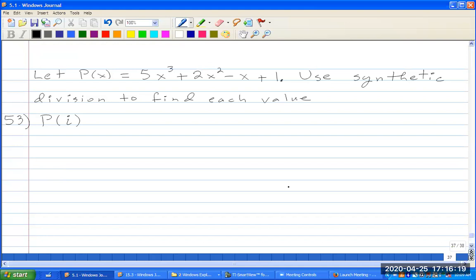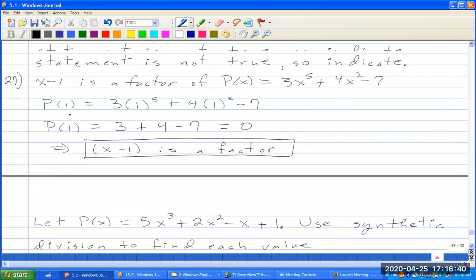53. Let P of X equal 5X cubed plus 2X squared minus X plus 1. Use synthetic division to find the value. So I want to figure out P at I, but I don't want to plug in like what I just did here.